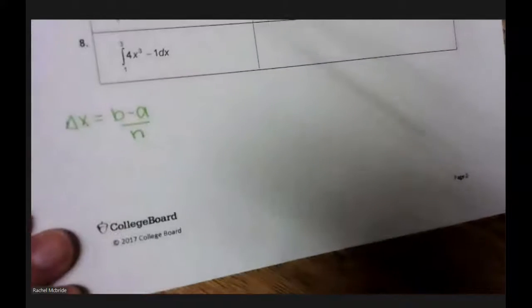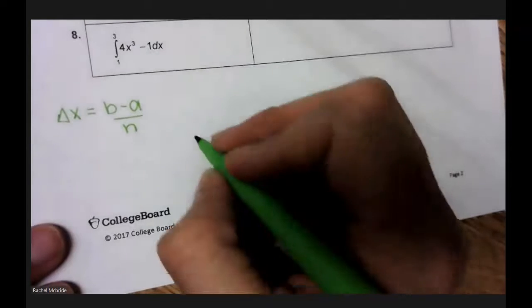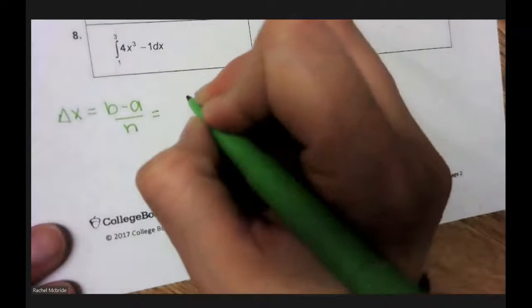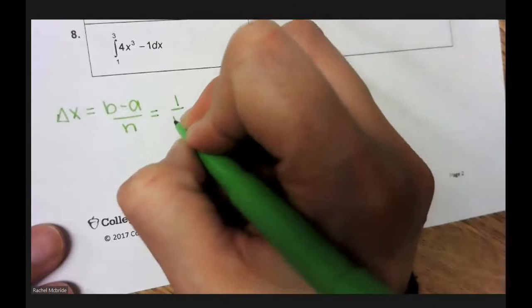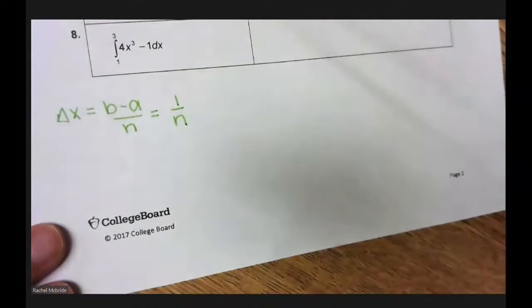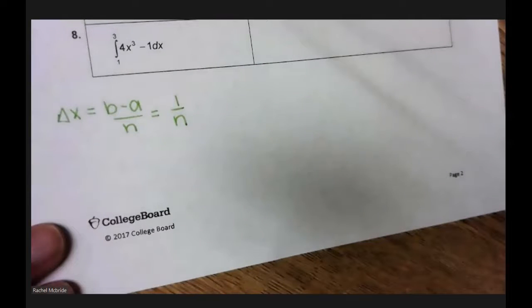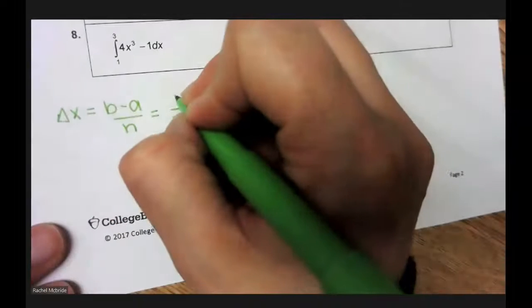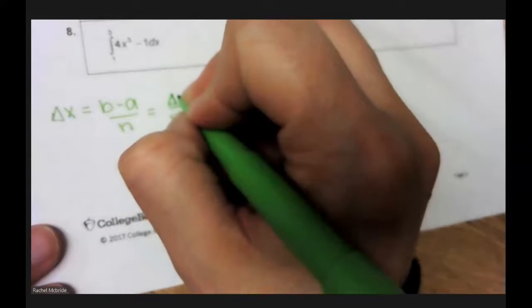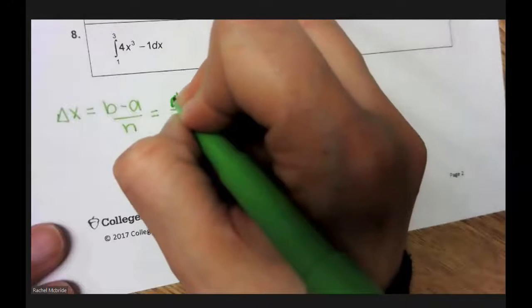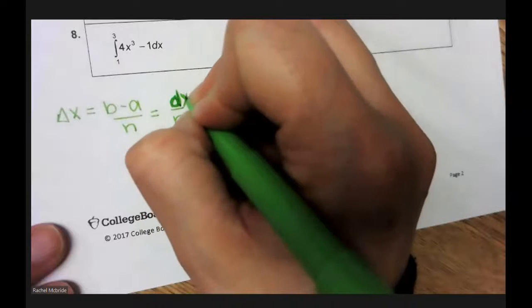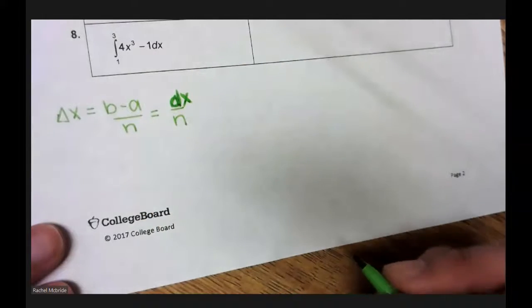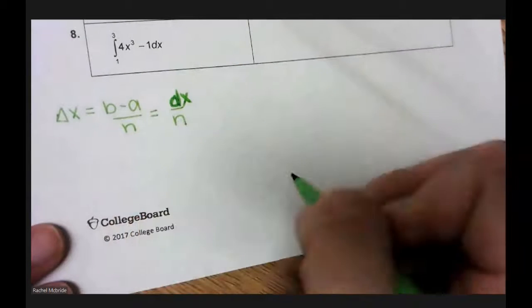Well, that's hard to see. Let me use colors. Which in the Riemann sum limit becomes 1 over n if the distance between b and a is 1. If it's not, this is representative of my dx in a way. So it's kind of like dx over n.